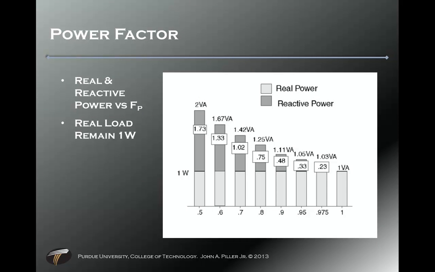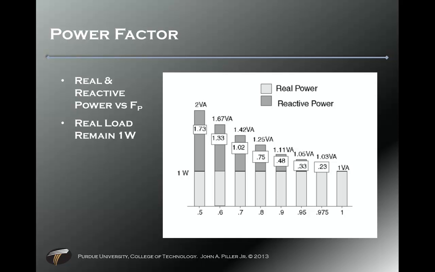Here's a graphical representation of real and reactive load versus power factor. If we have 1 watt of real power with no reactive load, you have 1 VA of S, and it's 1-for-1.